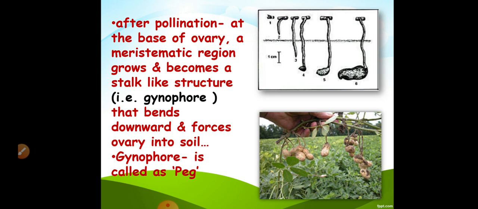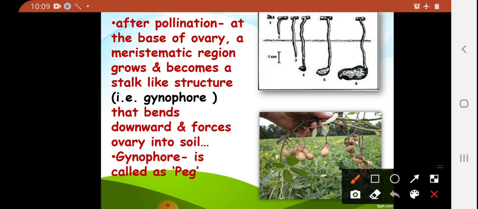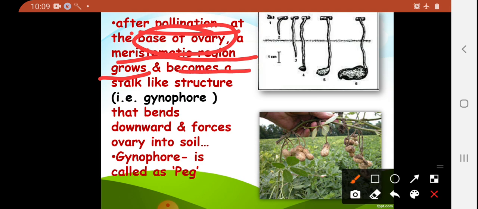I repeat it again here. After pollination of this crop, the basal part of the ovary present in the flower, especially the meristematic region at the basal part of the ovary, grows downward and becomes a stalk like structure. Here you can see that stalk like structure.